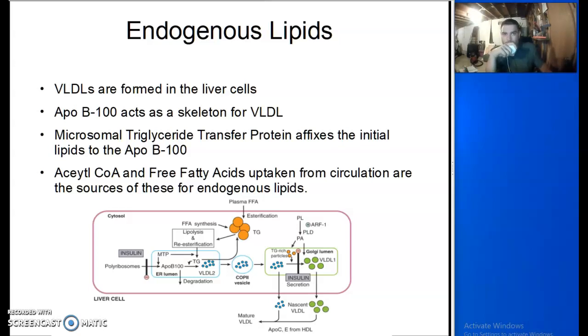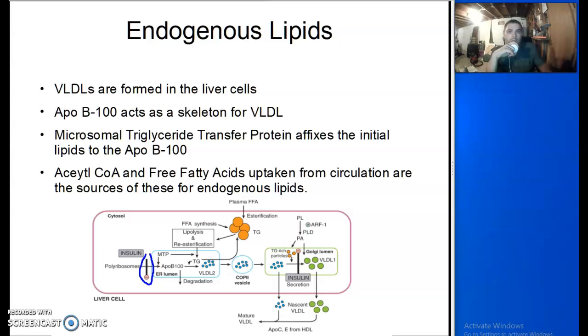Within here, they're re-esterified, and MTP takes these lipids and attaches them to our ApoB100 protein, which has been expressed from our ribosomes here, and moved into the ER. This is our first regulatory insulin step right here, where insulin is able to stop this ApoB100 from being created within the ER lumen.